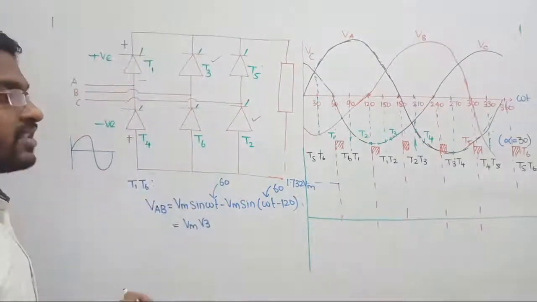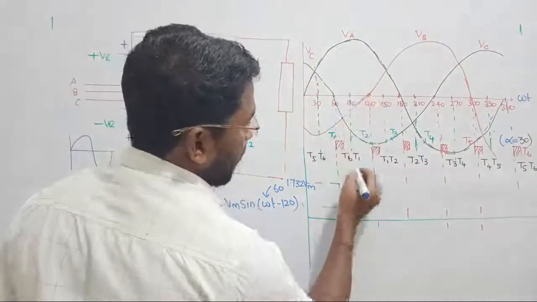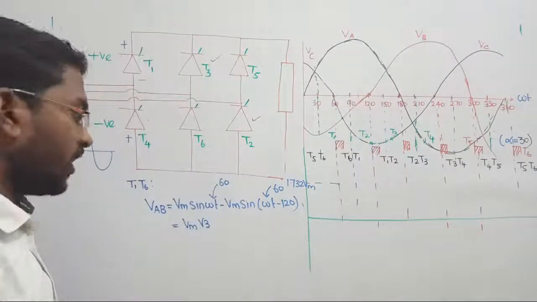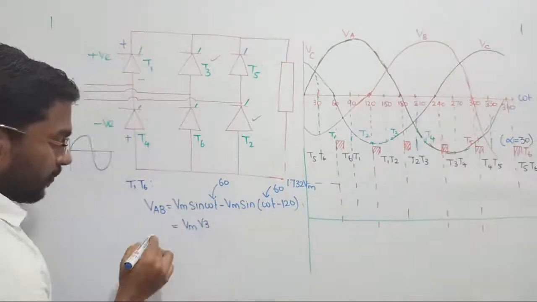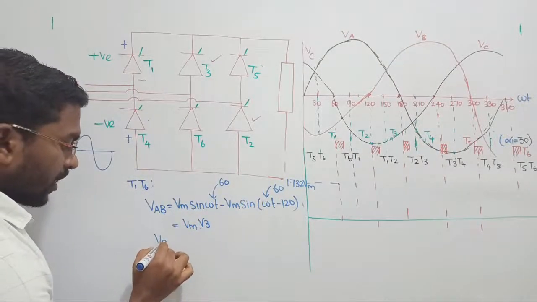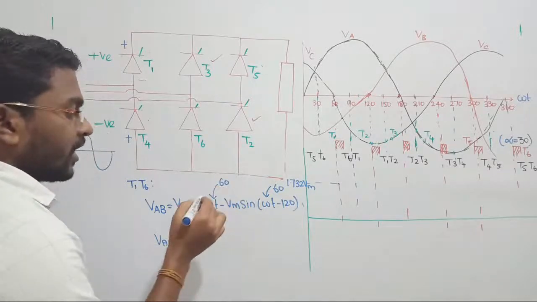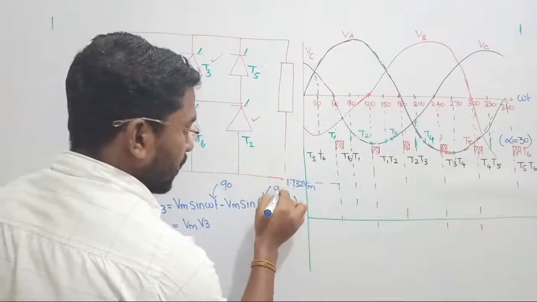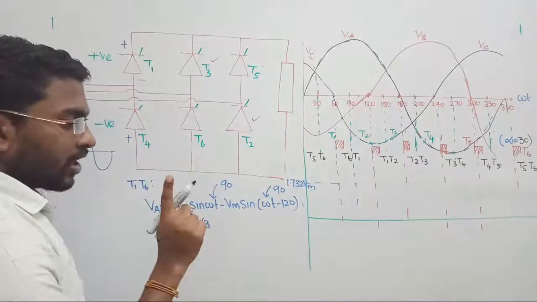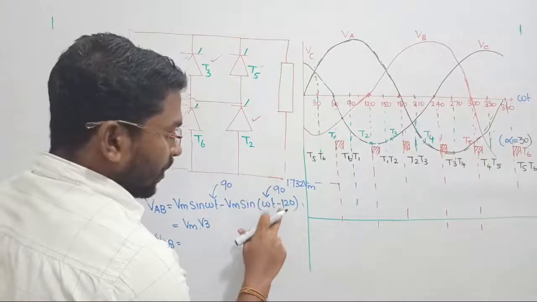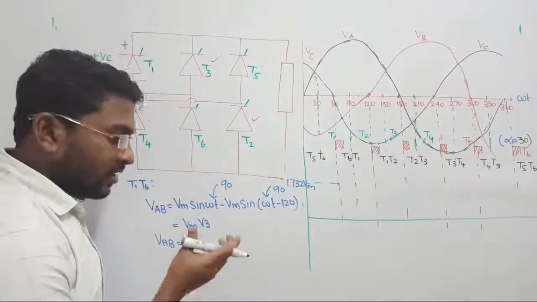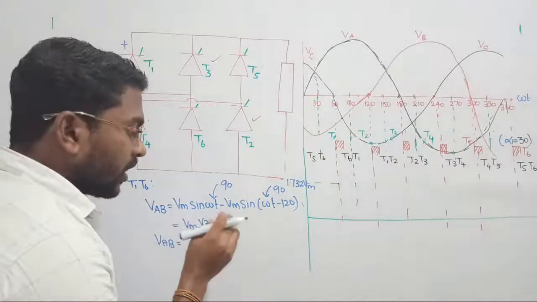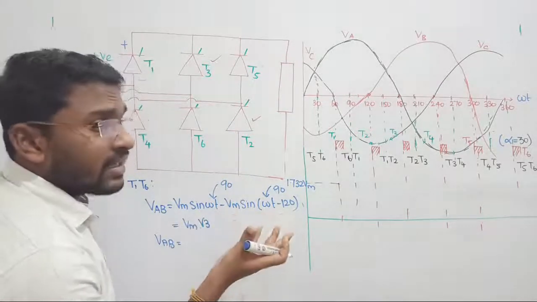Let us proceed. Next, let us select some intermediate value. After 60, the next consequent value is 90 degree. Let us take the same expression and estimate it at omega t equal to 90 degree. VAB at 90 degree: omega t is replaced by 90, so sin 90 becomes 1, and 90 minus 120 gives minus 30; minus of minus becomes plus, so we get plus sin 30, which is 1/2.